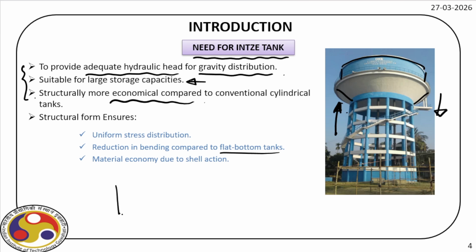Obviously, if you have a tank like this, and just imagine a set of columns holding this tank for large capacities, this plate will behave this way, and there is a chance of getting a huge amount of bending stress and shear stress, which is otherwise not present here.